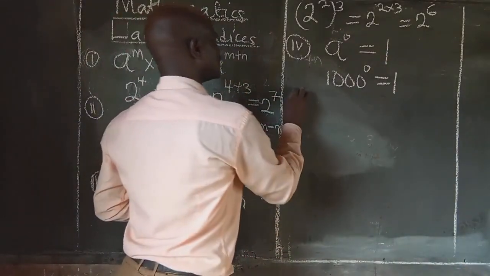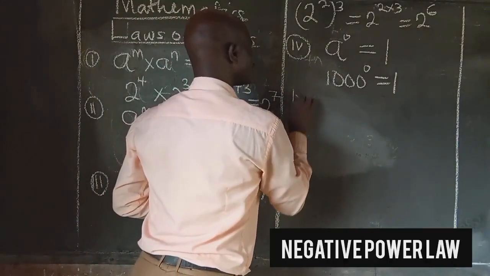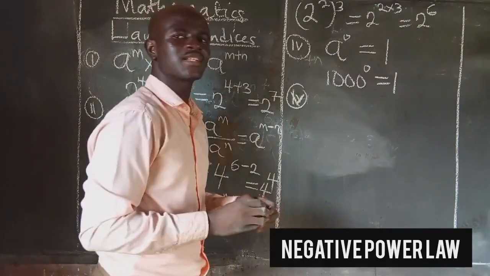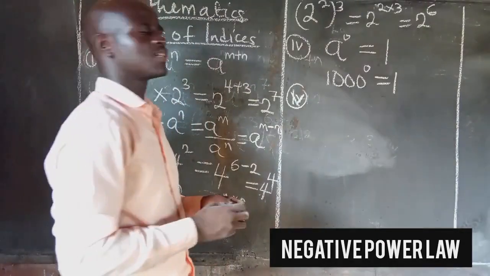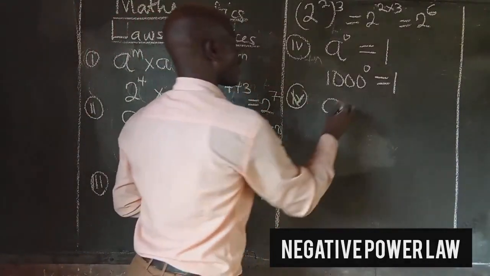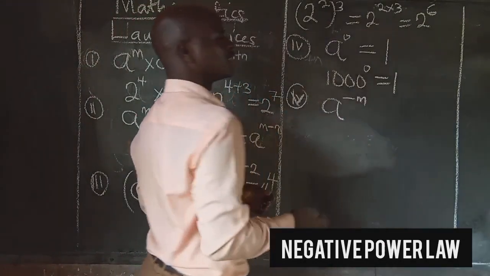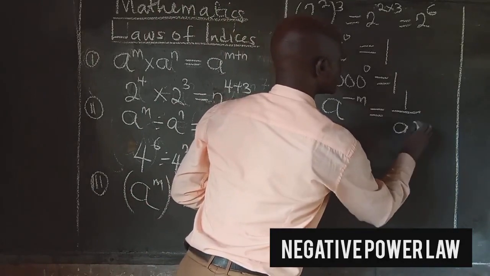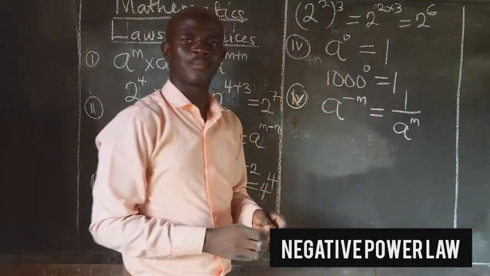Another law is the negative power law. It states that when we have a raised to power minus n, it is the same thing as 1 all over a raised to power n.